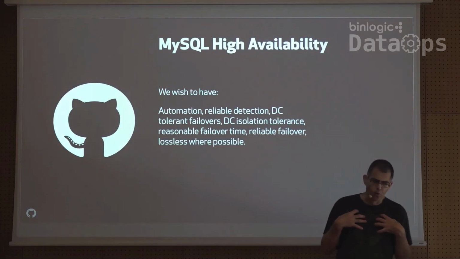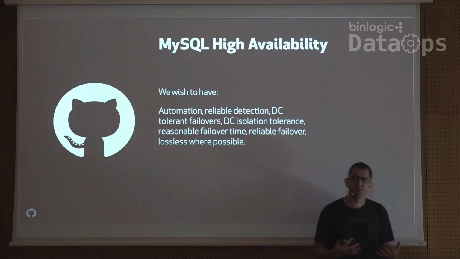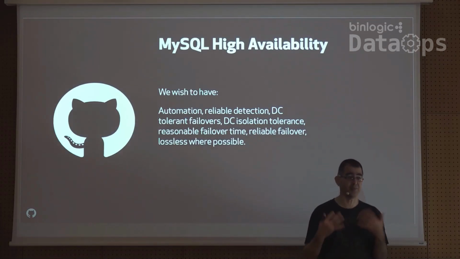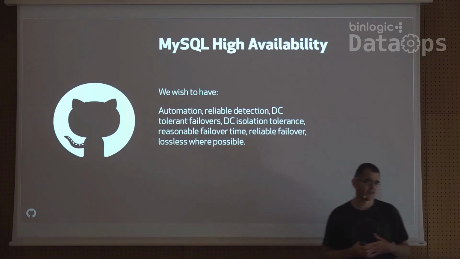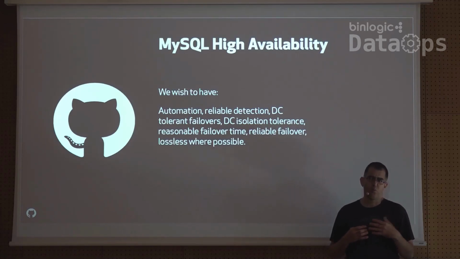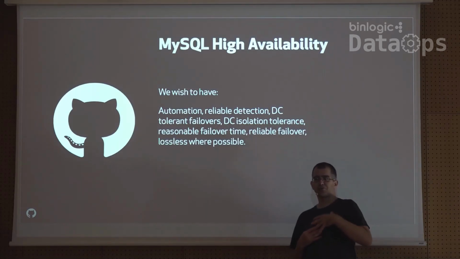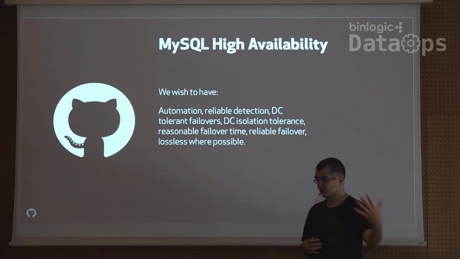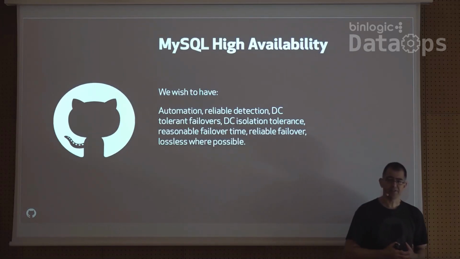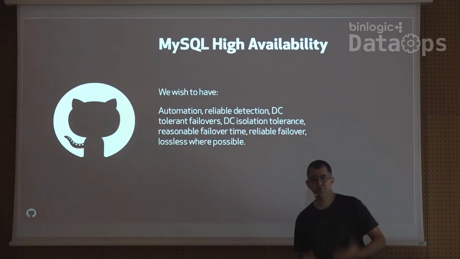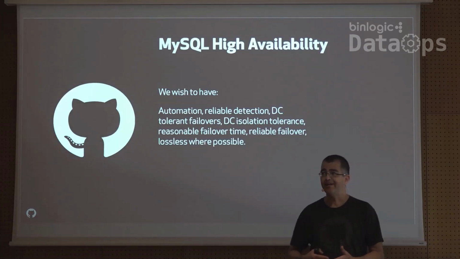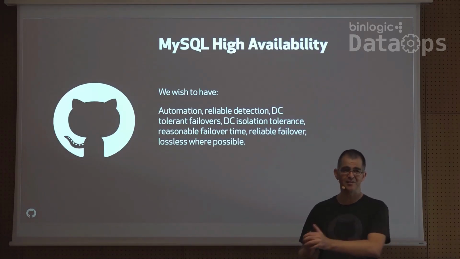So when I talk about MySQL high availability, what do I mean? What does high availability even mean? We want our servers to be reachable for both writes and reads. And today I'm going to talk more about the writes. We want them to be available. And in the event of a failure, we want an automated process that kicks in and reliably fails over.